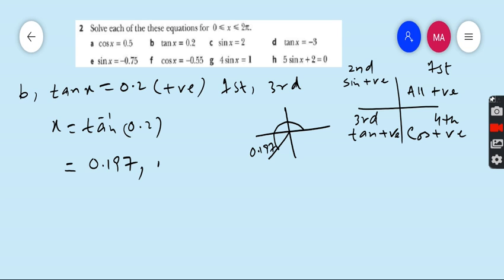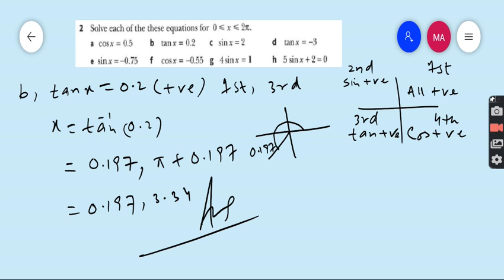Just find the second angle: pi plus 0.197 is 3.34. This is our answer. If you have any doubt, just find tan of 0.197 and tan of 3.34, and you will get 0.2 guaranteed.